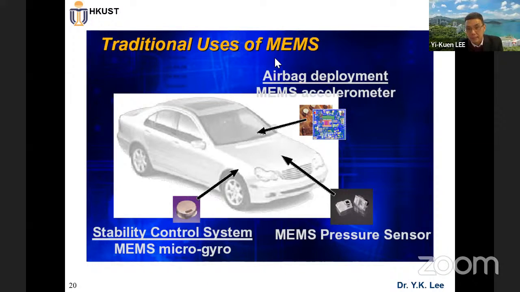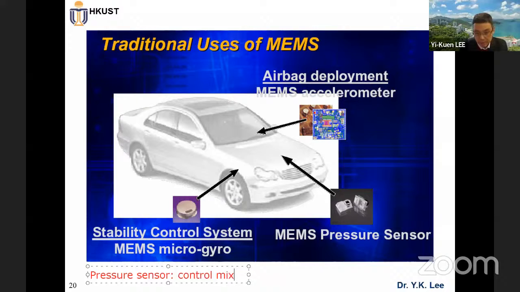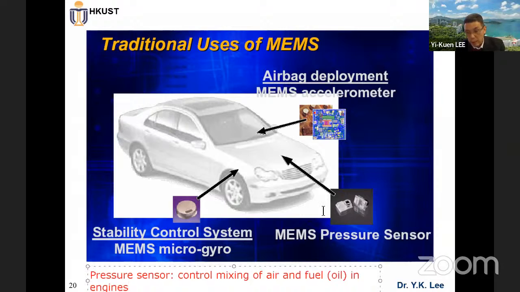Let me describe again: the pressure sensor is used to control this mixing of air and fuel in a car engine, so that you have a much more efficient way to run the engine.